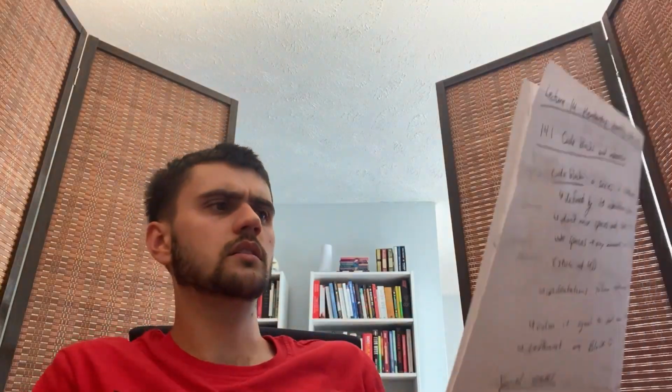For loops iterate over each element of a container. The statement is for variable in container colon. That's how you start a for loop. Each element of the container is assigned one at a time to the variable in that statement. So I think that's basically it.